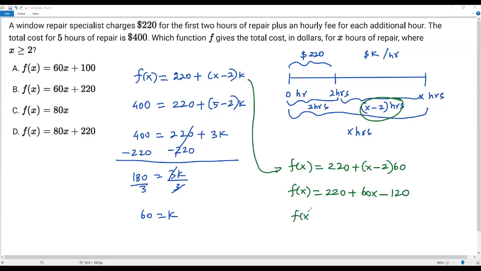So f of x equals, we can write the variable term first, 60x. When I combine this positive 220 and negative 120, I'm getting positive 100. So this is the function which gives the total cost in dollars for x hours of repair. We find this function f of x equals 60x positive 100 in option A. So the correct answer choice for this question is option A.